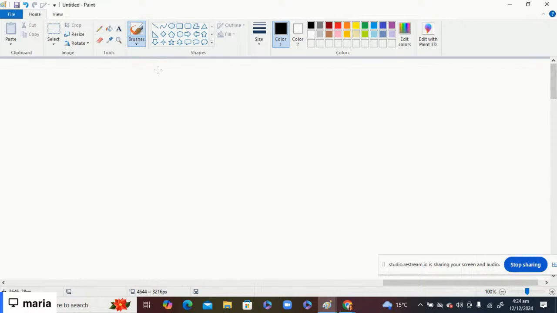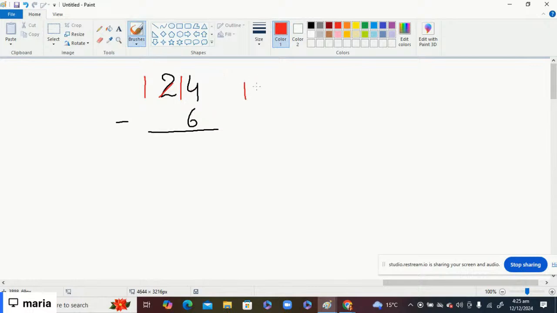For example, if I'm going to draw it here, 24 minus 6. So is 4 out of 6 possible? No, 4 out of 6 is not possible. So what do we do for that? We are going to take some borrow from the 2. This 2 becomes 1 and this 4 becomes 14. So 14 minus 6.